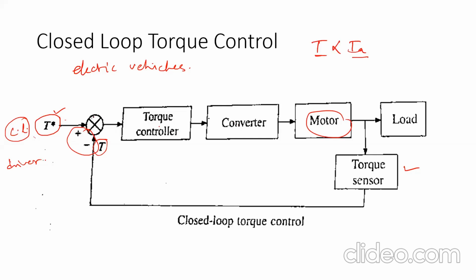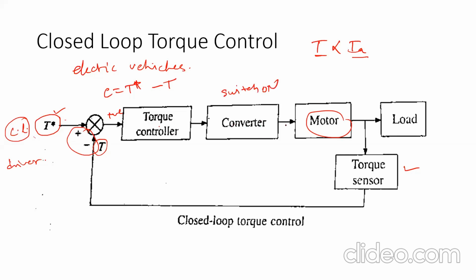If the error, which is equal to T star minus actual T, is positive, it means the actual motor torque is not equal to the reference torque. When the error is positive, the torque controller will switch on the switches of the converter.